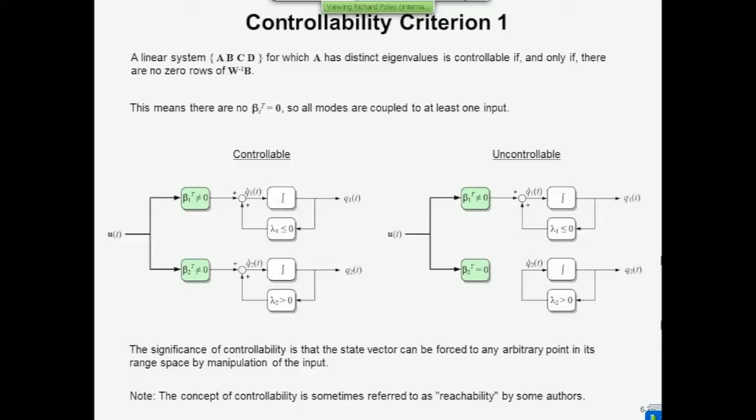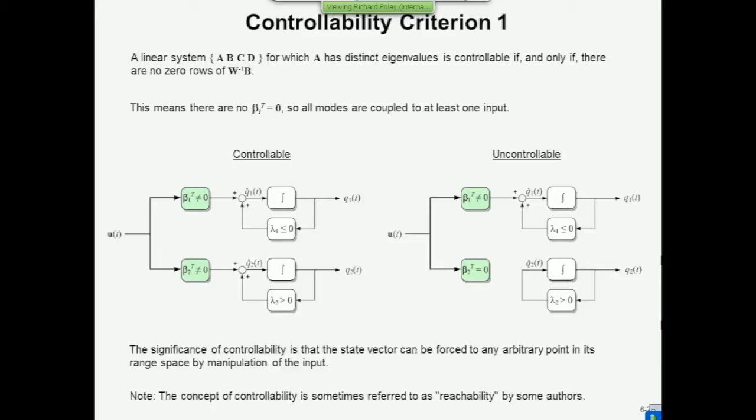So first of all, controllability, summarizing what was 2 slides ago, the system on the left is controllable because, just looking at the dynamics, connected pathways from the input to the modes, both of the beta 1 and beta 2 column matrix vectors are non-zero. So Q1 and Q2 are both coupled to the input. So this is a controllable system.